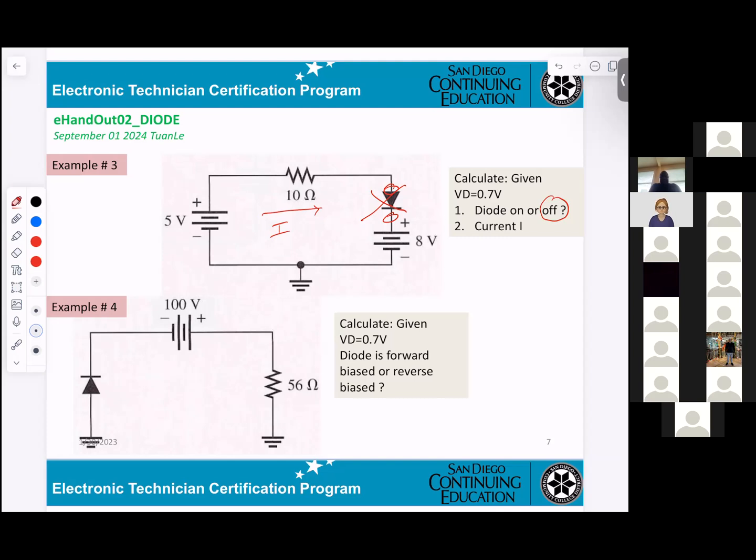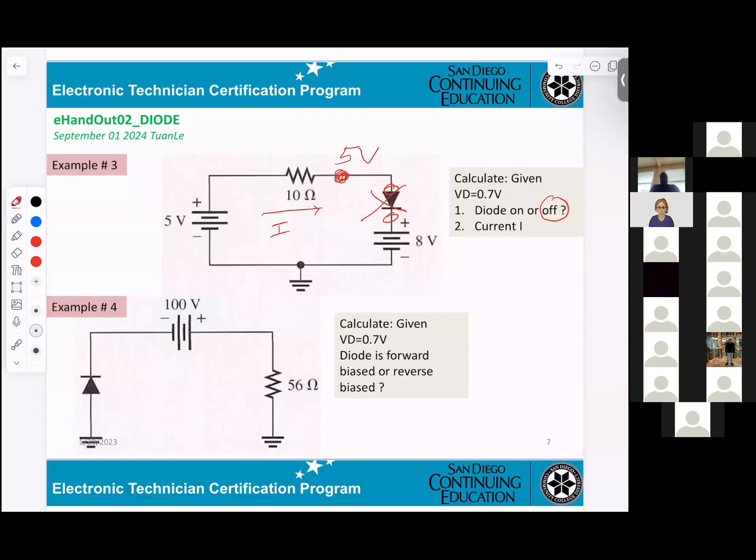Positive 5, positive 8, be 13. You have to tell me this side is around 5 volt, correct?